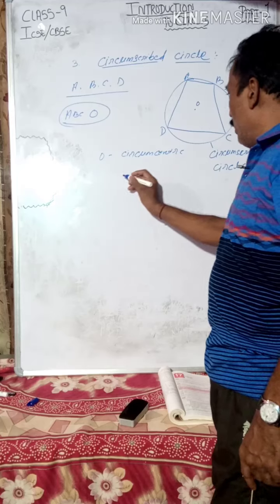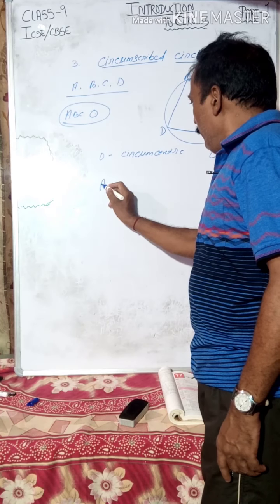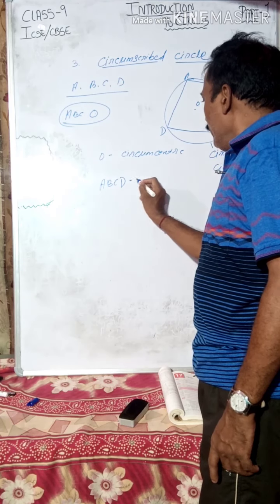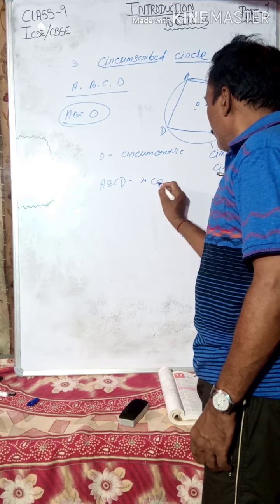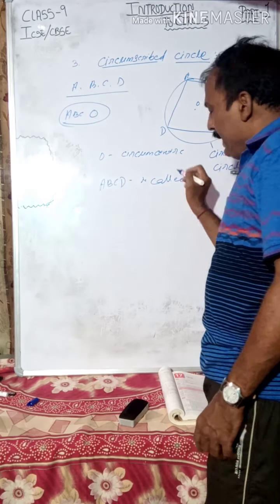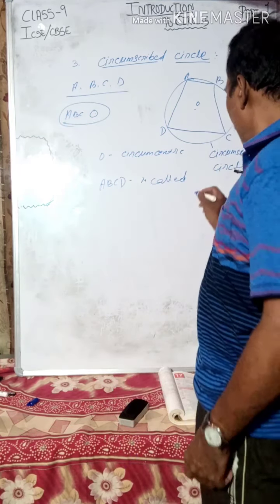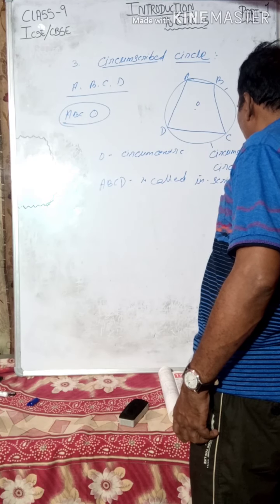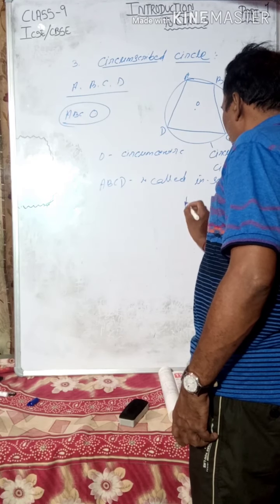And this polygon ABCD is called an inscribed polygon.